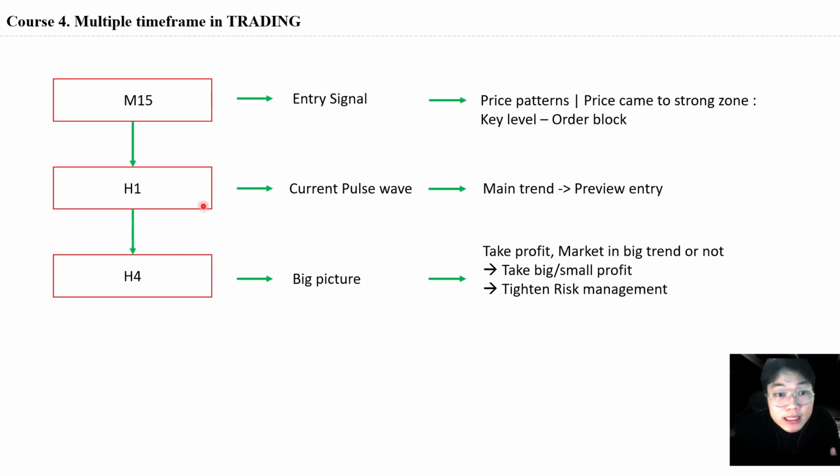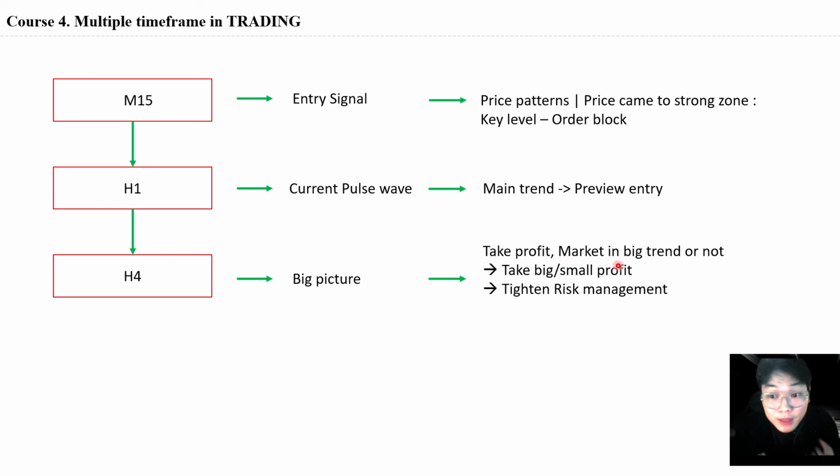And the last one, if both conditions are okay, you come into the 4 hour time frame to check one more time the big picture of the market, to find the best place to take profits and also understand whether the market is in a chain or not.